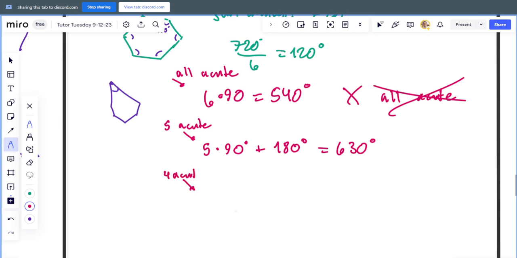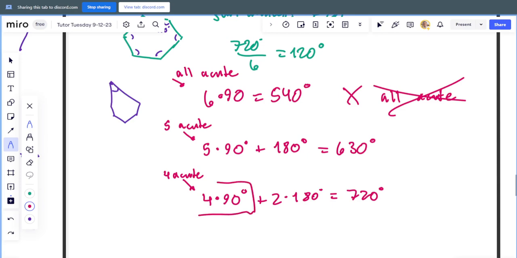We could try 4 acute angles, right? 4 times 90 plus 2 times 180. That would be 360 plus 360, which is 720. But of course, this is a limiting factor.